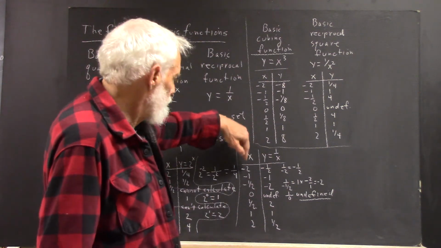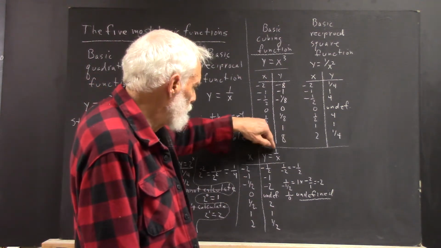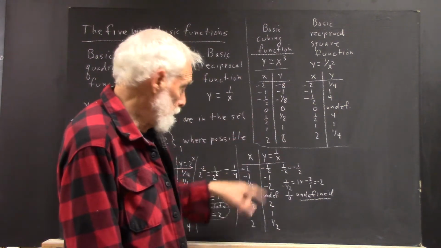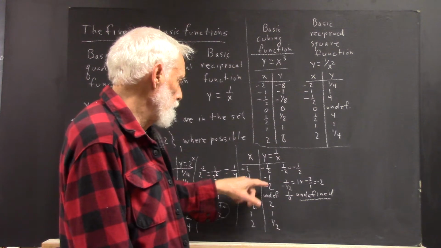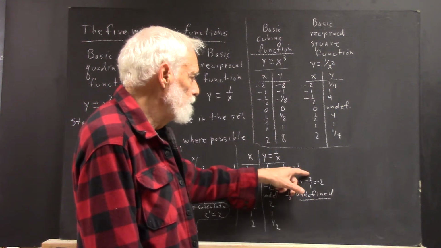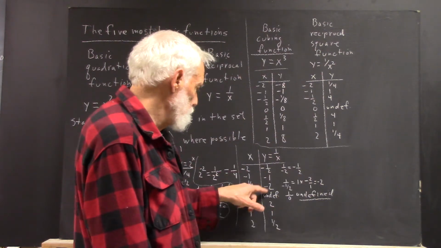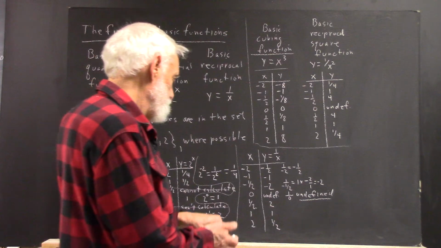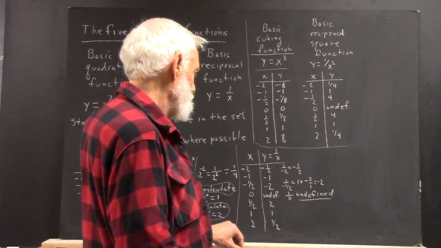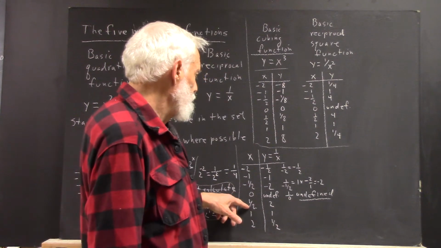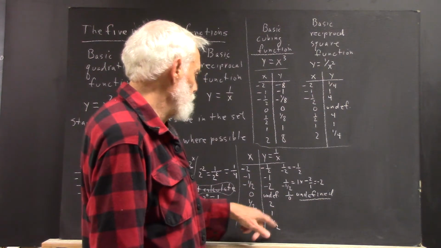Okay. Now, if x equals negative 2, 1 over x is 1 over negative 2, and that's the same as negative 1/2. So you get negative 1/2. For negative 1, you get negative 1. 1 divided by negative 1/2 is 1 times negative 2 over 1, which is negative 2. And if you don't know how to divide fractions, you need to make sure you know how to add and divide fractions. Okay, and then 1/2 gives us 2, 1 gives us 1, 2 gives us 1/2.